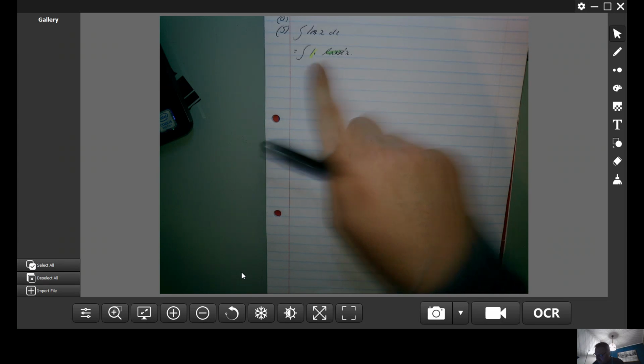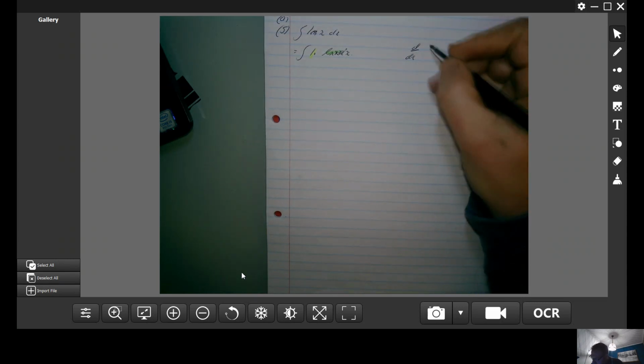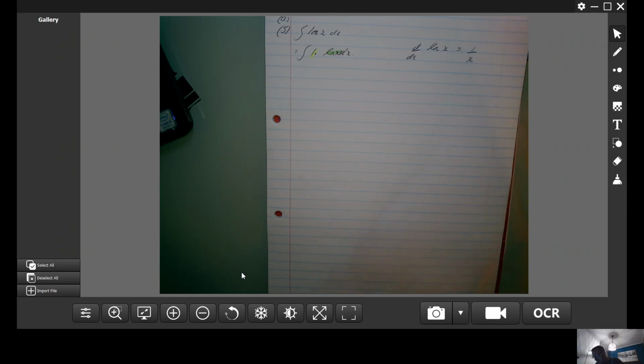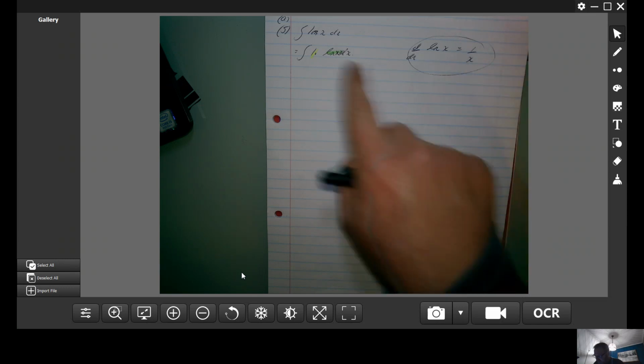So we can do this by parts. And the easiest way to do it by parts is, what do we know that the derivative of ln x is equal to? Well, the derivative of ln x is 1 over x. Okay. So how does that help us? Well, I want to differentiate the ln x.